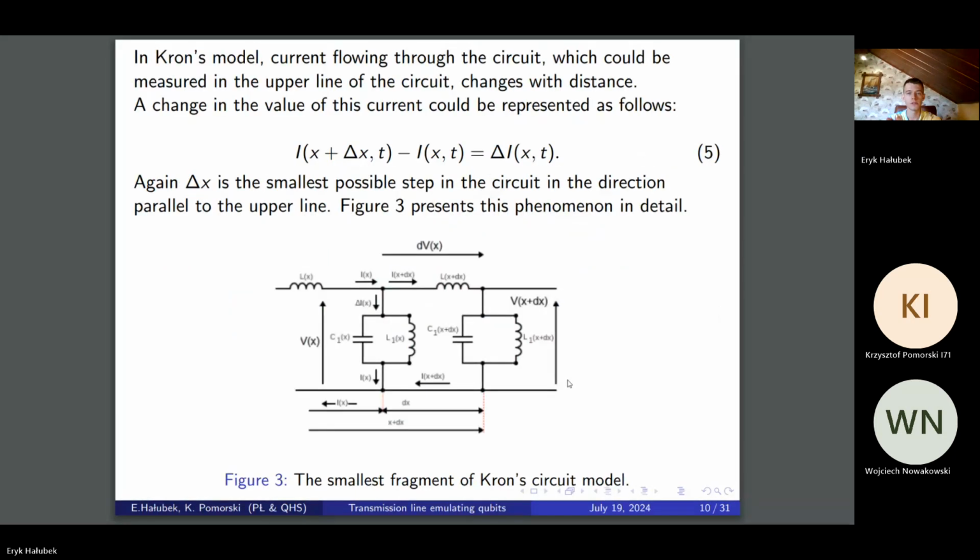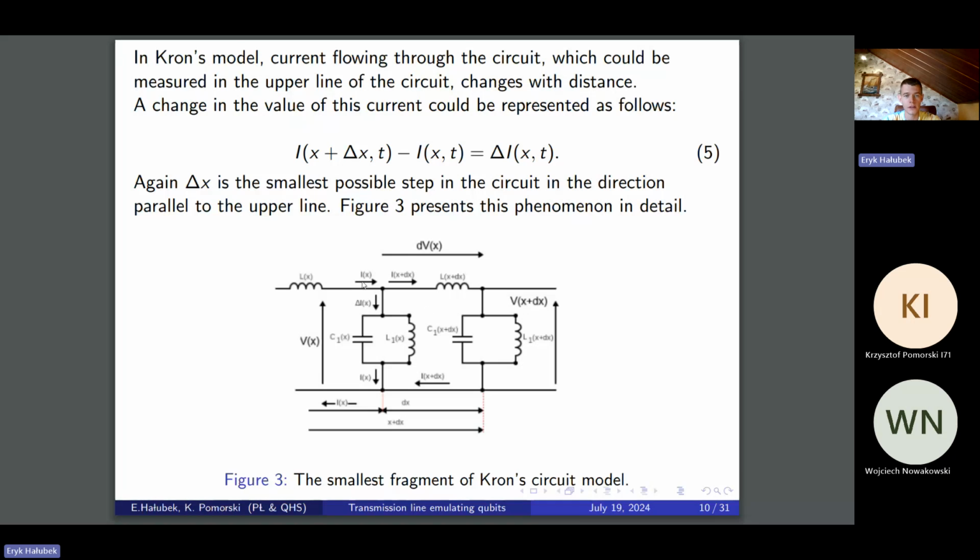Okay, so how it works is also shown in figure 3. This is a representative fragment of Cron's circuit model, which shows how different currents flow in each section of this piece of the circuit.